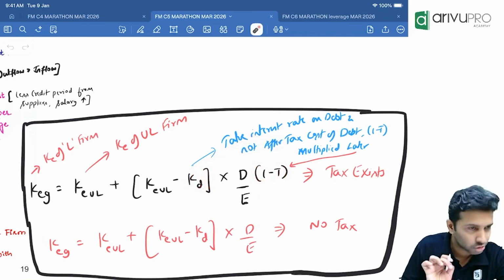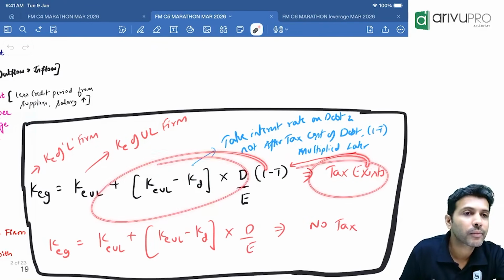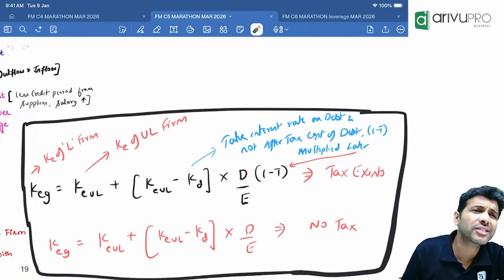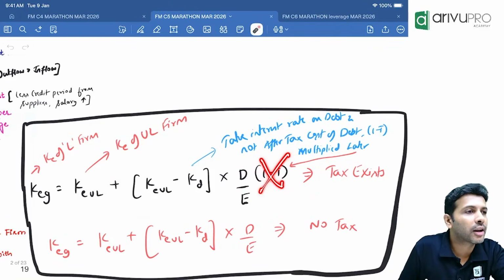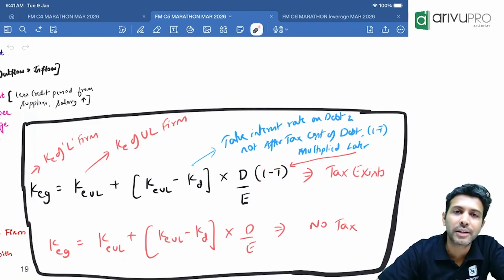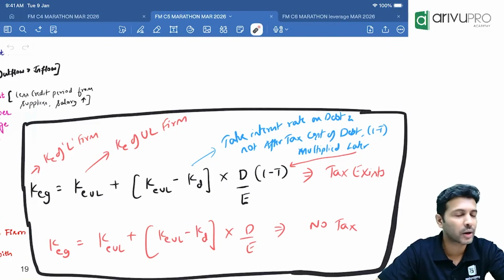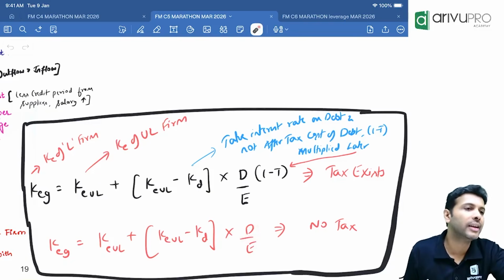Agreed? So, everybody cool? This formula you will apply when tax exists. When there is no tax rate, tell me, will this 1 minus tax rate come or not? Only cut off that. Rephrase that formula once again for me. How do you get the cost of equity of the levered firm? Cost of equity of the unlevered firm plus, open the bracket, cost of equity of the unlevered firm minus KD, where KD here means interest rate, into debt divided by equity.